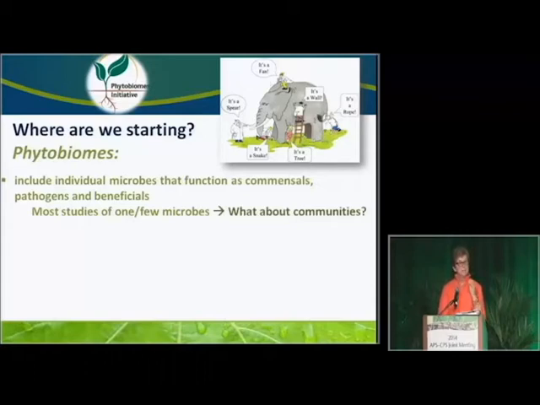But really, it's not just the individual organisms. They act as communities and they act as groups, and they influence the plant in that way. So historically, while we've only been able to look at one or a few organisms at a time, now we need to start thinking of this as a system.